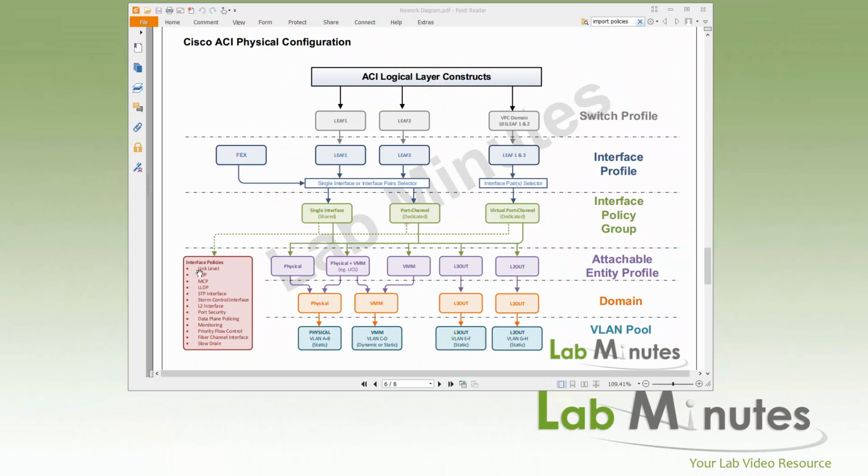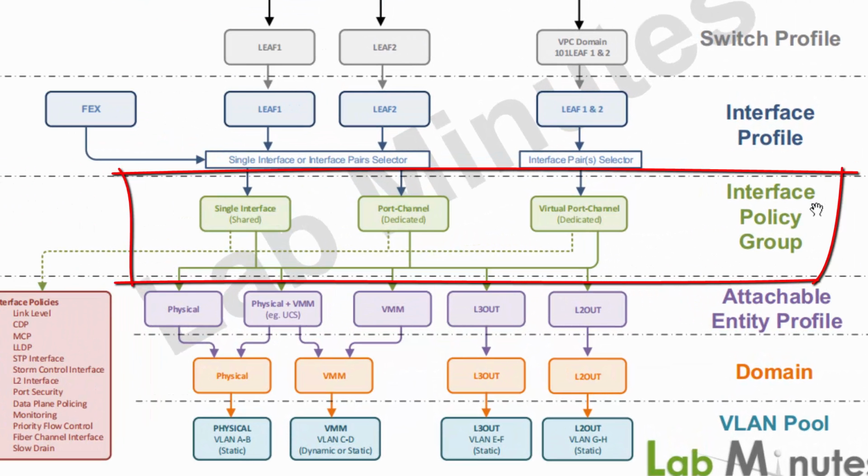From the individual interface policies, you group them together and create an interface policy group. And interface policy groups will get supplied to access interface. This is very similar to a port profile in Nexus Switch, if you're familiar with that. The idea is to define these interface policies once and then consistently apply them to multiple interfaces.